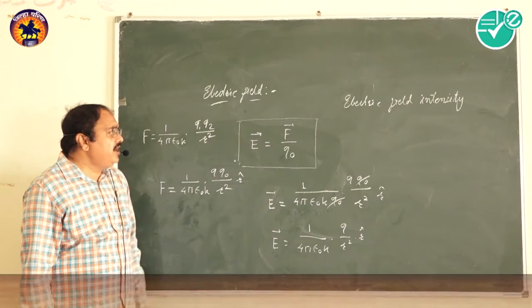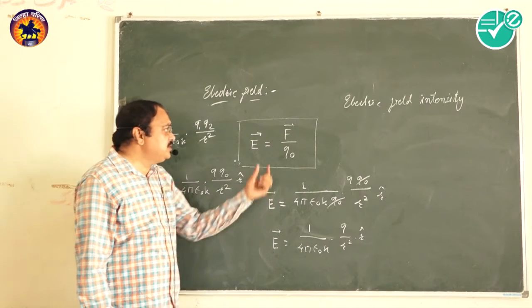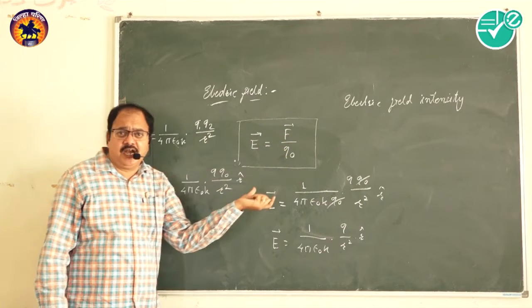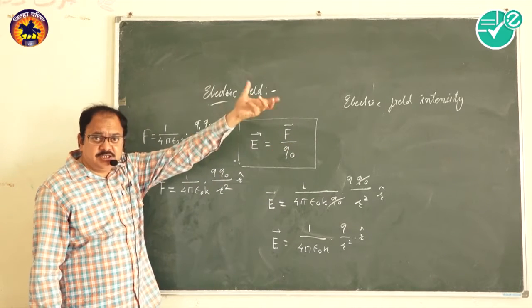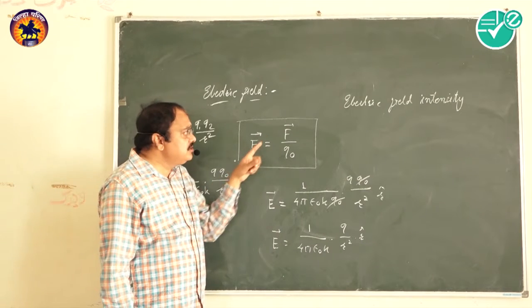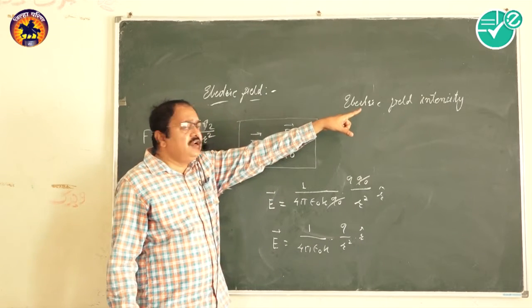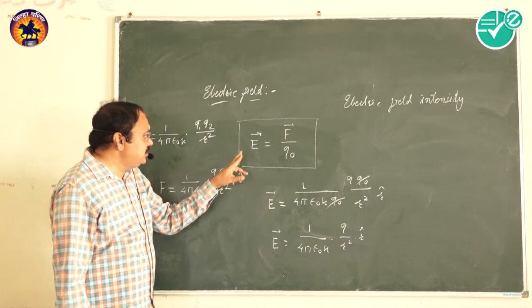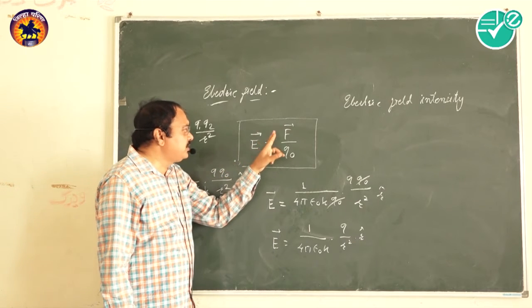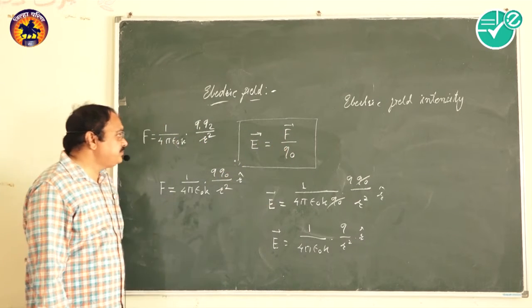What is meant by F upon Q naught? F means the force. That is, the force per unit charge applied on that charge in that electric field is nothing but electric field intensity. For that definition we have vector E equals vector F upon Q naught.